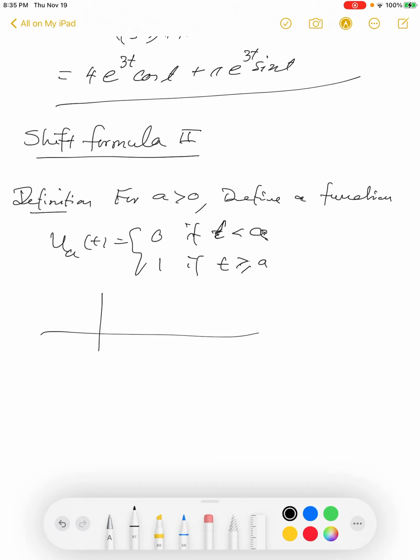As I told you, this technique of Laplace transform is going to be used in circuits with switches. So this is as if you have a switch which is turned on at time a and then it is held on forever. This is the graph of u sub a.